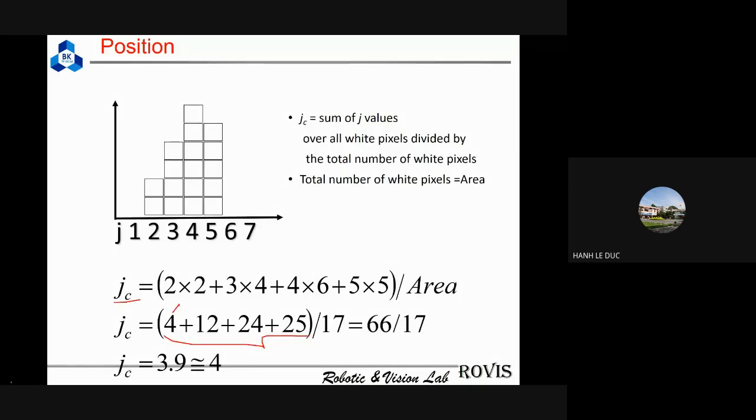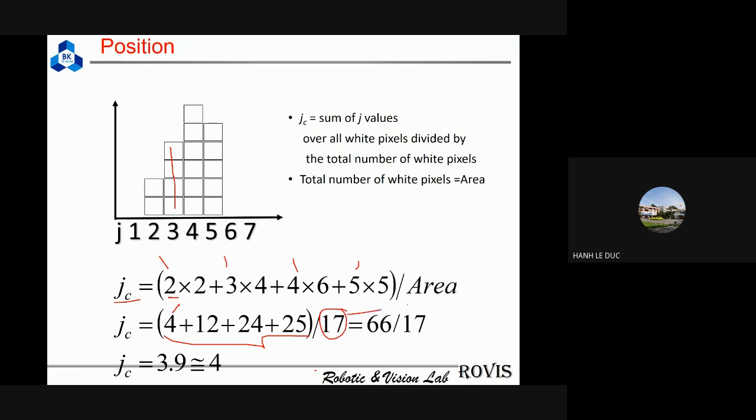So M01 is very easy, just multiply. Then we have the index 2, 3, 4, 5, and just multiply the numbers here.